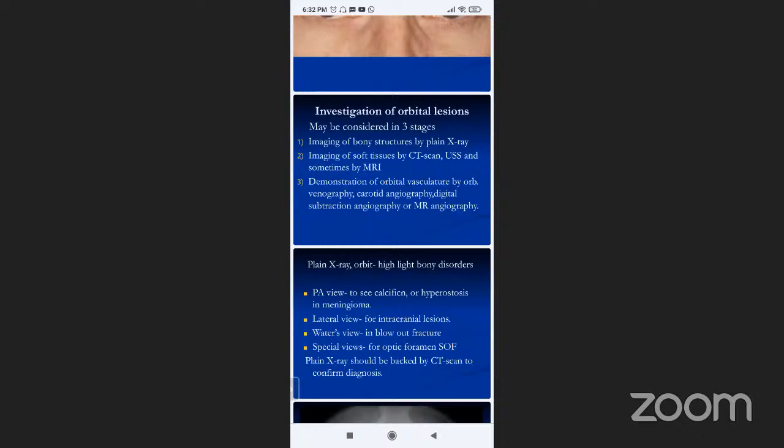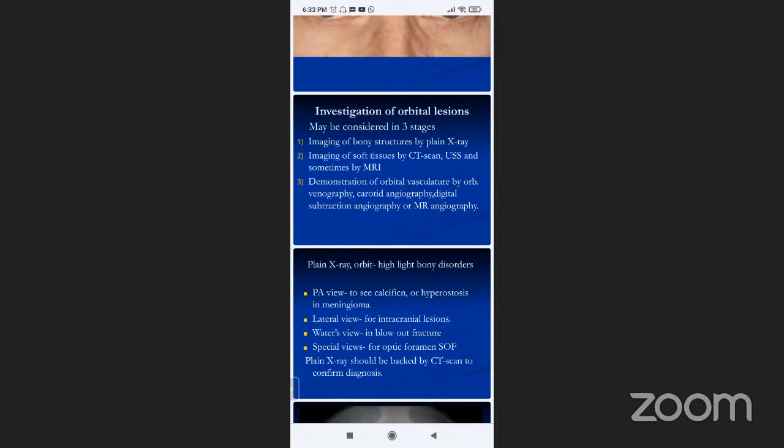In plain X-ray, nowadays we are not using plain X-rays usually, because a CT scan of the orbital area gives more information than plain X-ray. But the plain X-ray PA view can be used to see calcification or hyperostosis, which occurs in optic nerve sheath meningioma, the lateral view for intracranial lesions, Waters view in blowout fractures, and special views for the optic foramen.